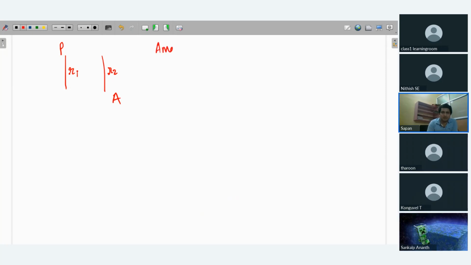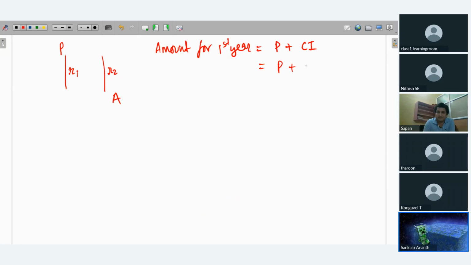So let's find the amount for first year. What will it be? Principal plus compound interest. I know the principal amount. How do I find the compound interest? Compound interest is P into R1 by 100.